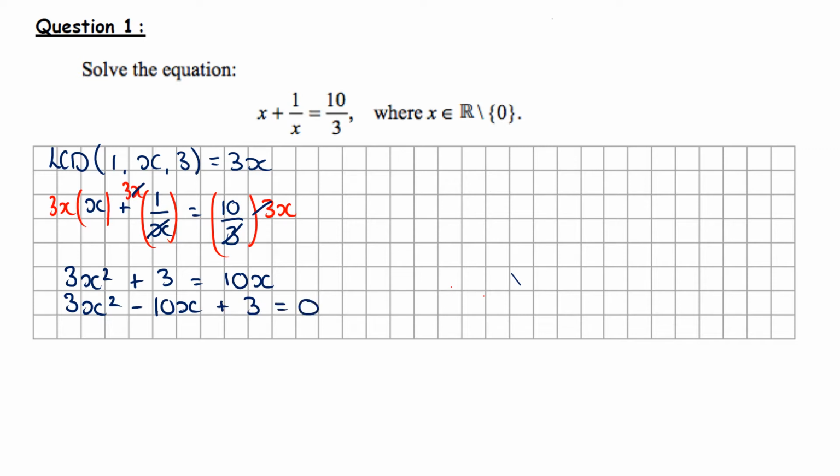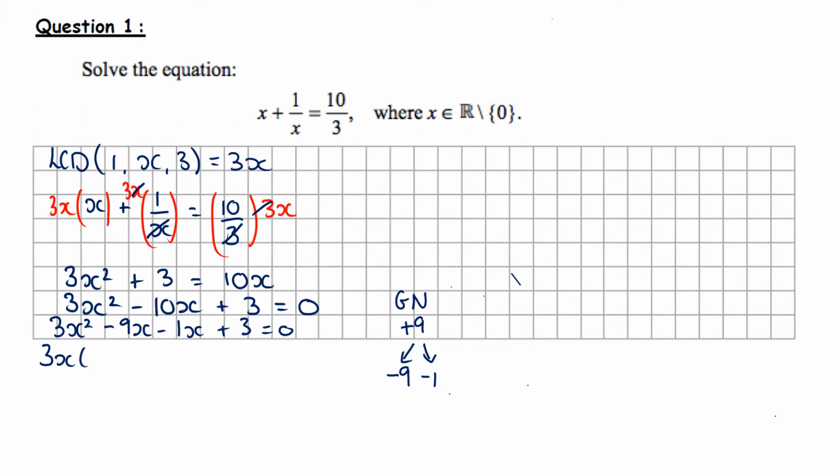Now, notice how we've got our quadratic and we can solve that either using our guide number method, straight into factorization, or we can use our minus b formula. If we use our guide number method, our guide number is plus 9. Plus means the signs have to be the same, so we get a minus 9 and a minus 1, which will give us our minus 10x. So we get 3x squared minus 9x minus 1x plus 3 equals 0.